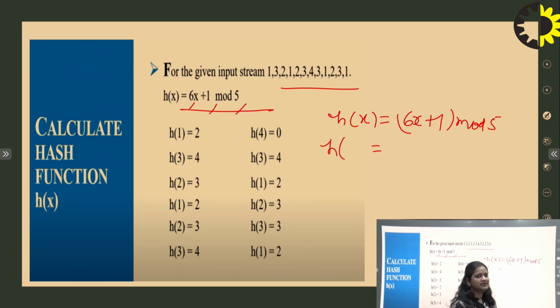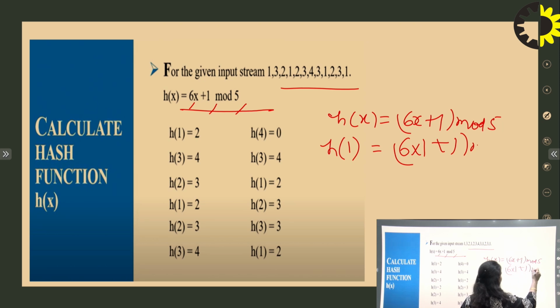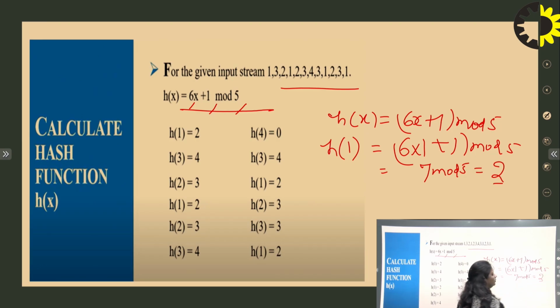What is the first element in the given input stream? 1. So we put x equal to 1 in this hash function: 6 cross 1 plus 1 mod 5. 6 cross 1 is 6, plus 1 is 7. 7 mod 5 is equal to 2.